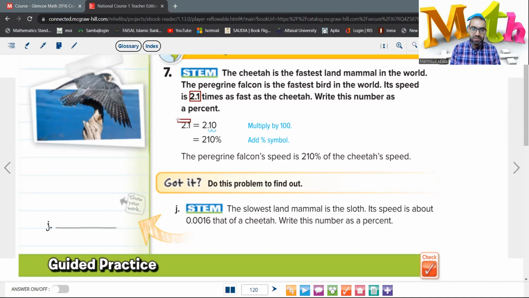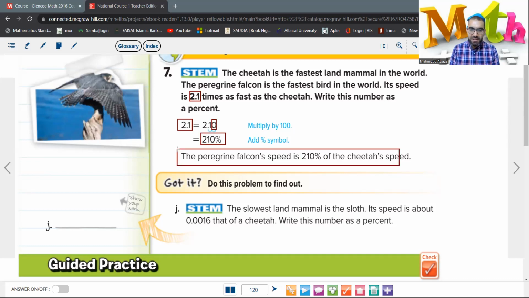So 2.1, we will move decimal point to the right two places. We don't have enough places, so we need to put 0. And it will be 210%. So the peregrine falcon speed is 210% of the cheetah's speed.